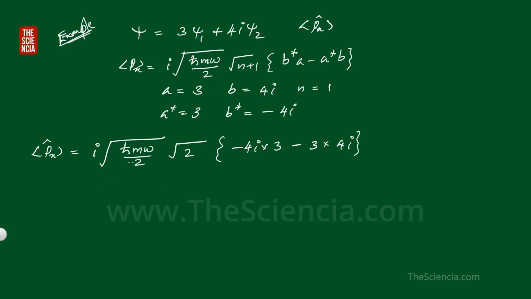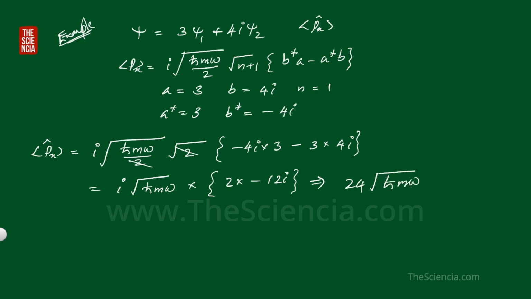So we got this is equal to, this root 2 and root 2 will cancel, and i root h cross m omega into, this is 2 into minus 12i, right? And this will be equal to, there is minus i and i, so it will be plus, so 24 root h cross m omega.